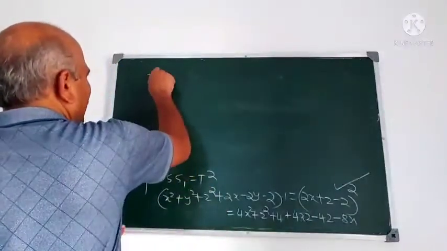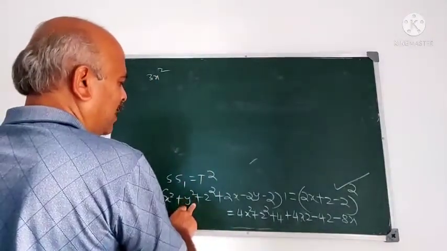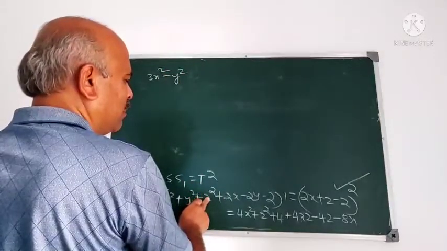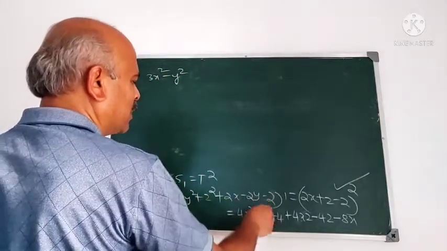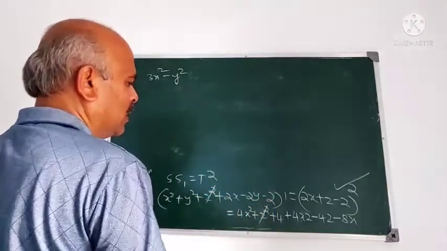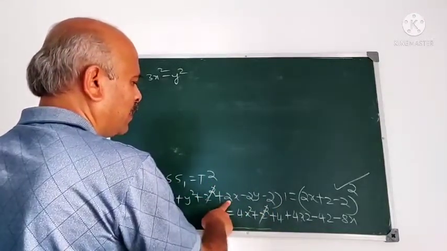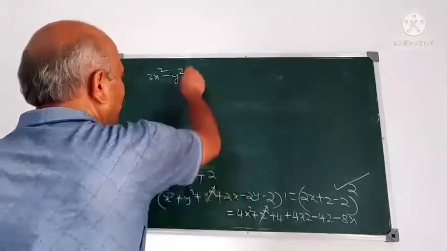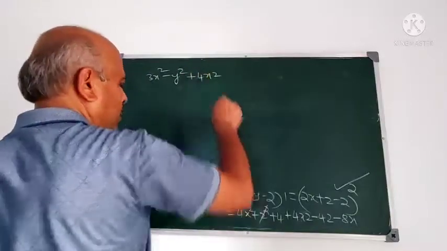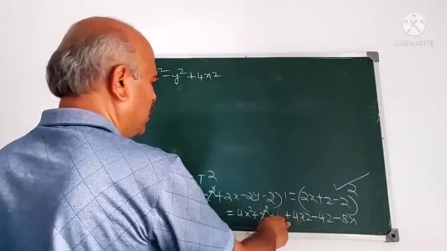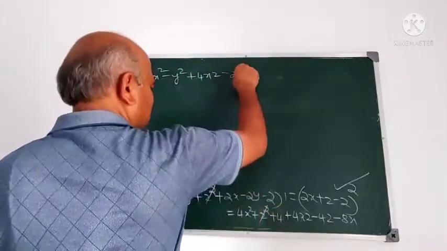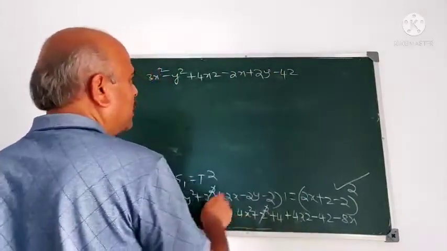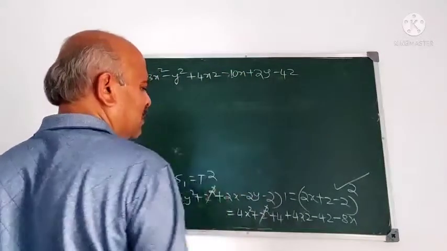But if further simplification is required, you can simplify like this. 4x square minus x square, 3x square. The y square term is not there, so minus y square. The z square term cancels here, correct? There is no xy term, plus 4xz, minus 2x plus 2y minus 4z, minus 2x minus 10x it is, correct?